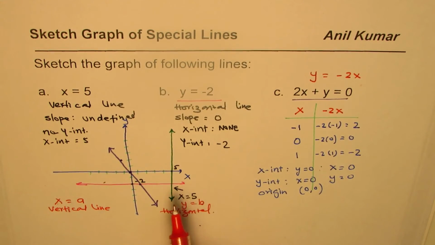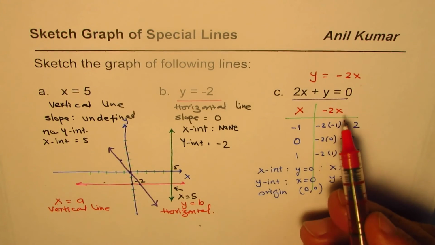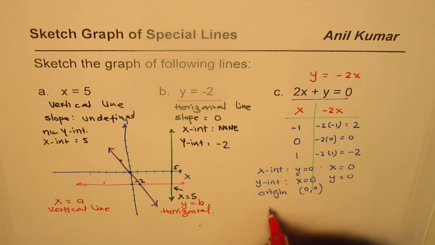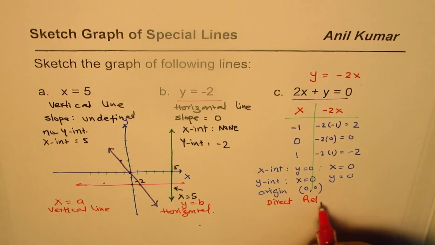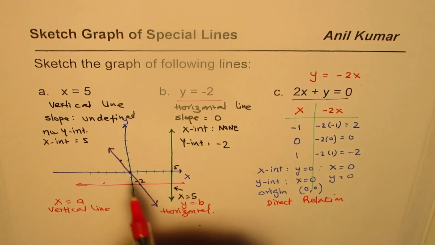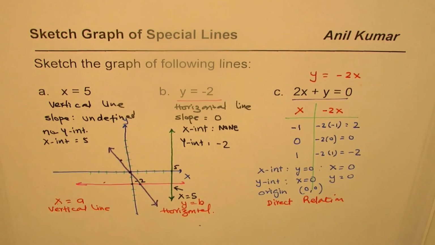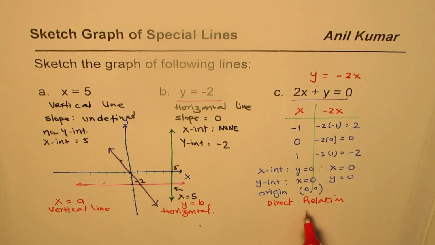So that is how you could get horizontal and vertical lines, and in such cases, these relations are called direct relations, where the graph goes through the origin, right? So in direct relation, it is a good practice to take a couple of points and then draw the line as we did here with the help of a table.